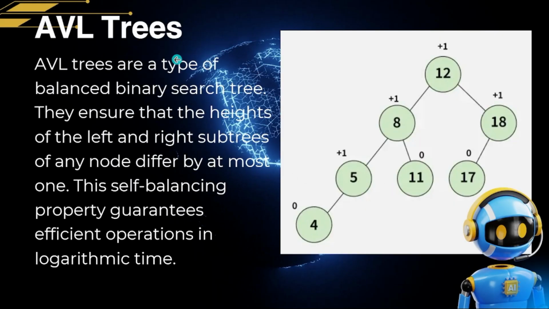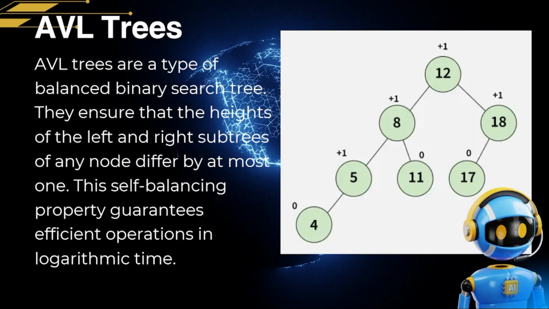Then, we have AVL tree. AVL trees are types of balanced binary search tree. They ensure that the heights of the left and right subtree of any node differ by at most 1. So this self-balancing property guarantees efficient operation in logarithmic time.